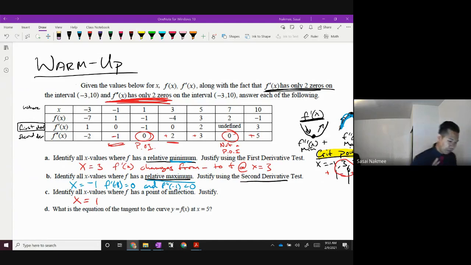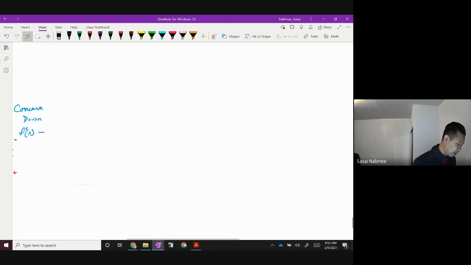What if, and hold on to those thumbs real quick, what if I didn't have it as a table, but I gave you a problem like this? Don't actually solve this problem, just give me a thumbs up, thumbs down.